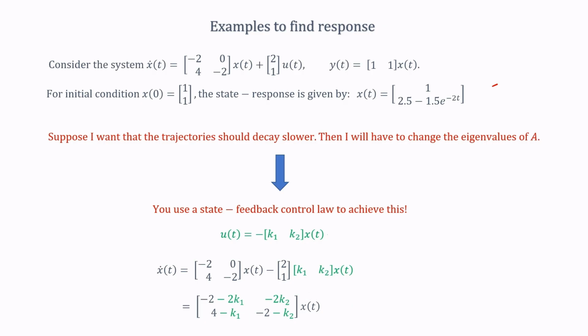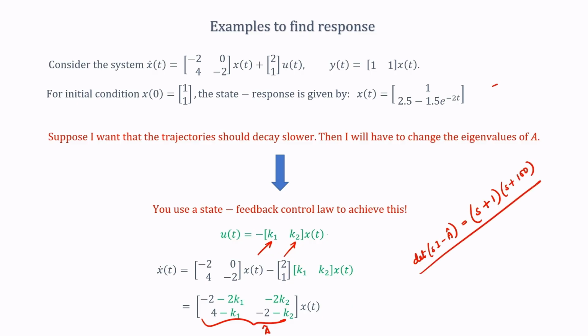So, basically the idea is that we change the values of k1 and k2 in such a way that, suppose I call this matrix A hat, the determinant of sI minus A hat is exactly (s plus 1)(s plus 100).